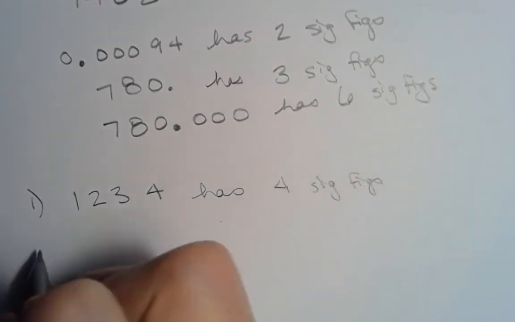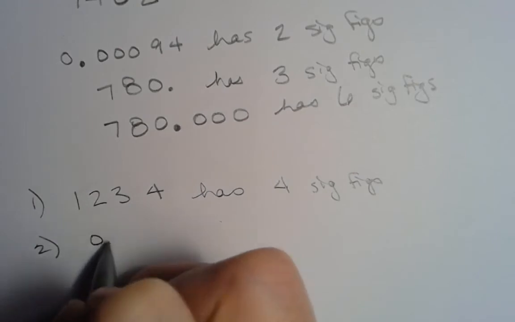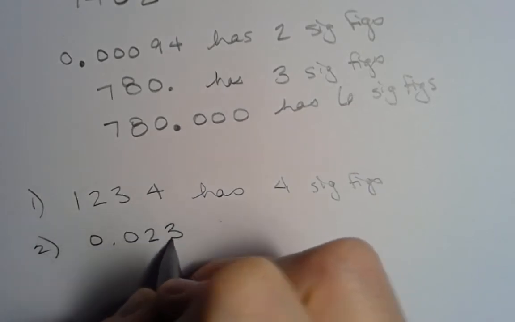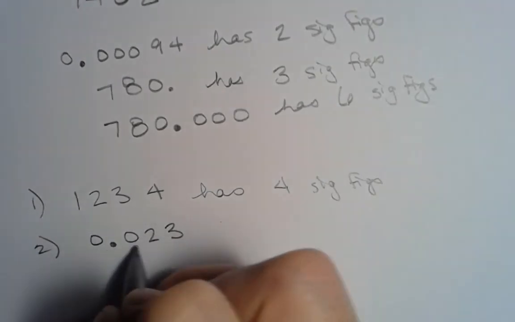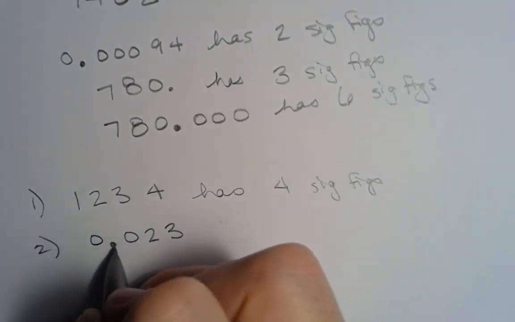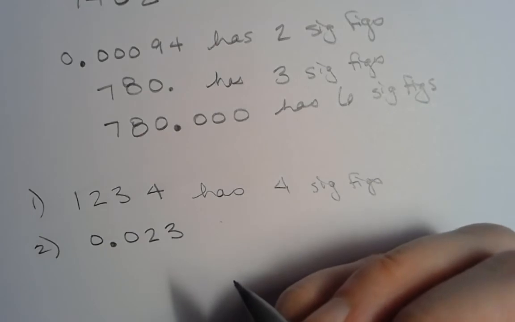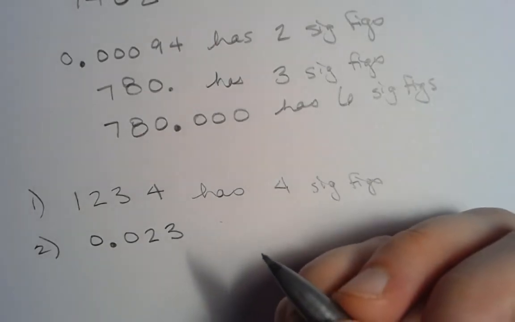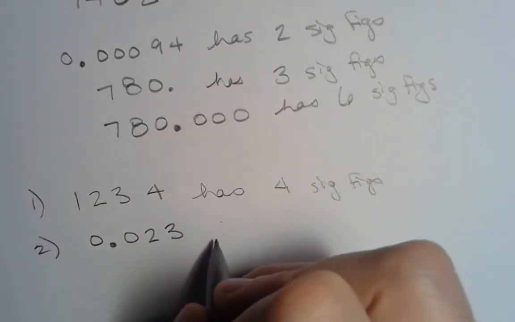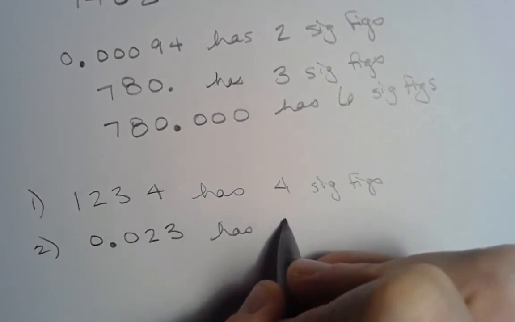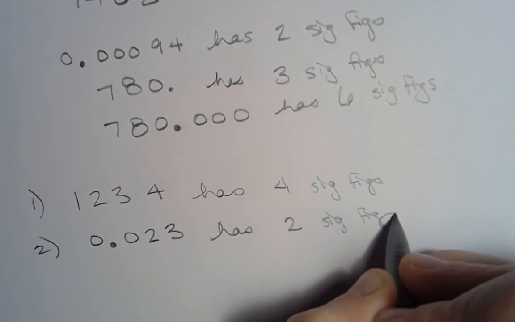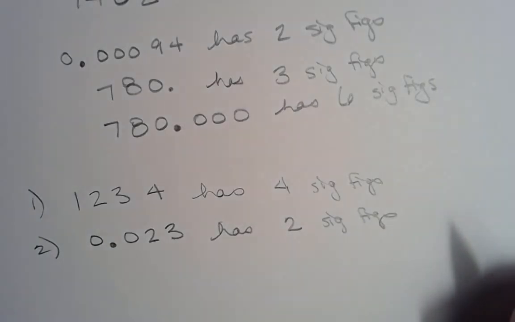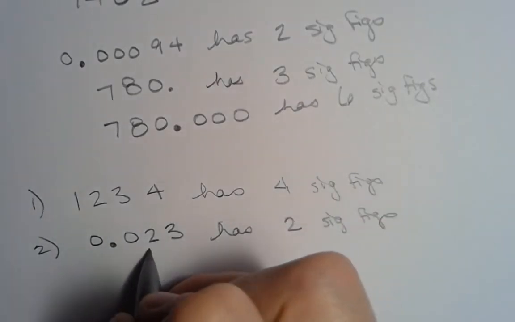Okay. Number 2 says, wow, I almost gave you that example above. These are leading zeros, beginning zeros. There's a decimal, but we don't care. They're beginning zeros. They're never significant. Beginning zeros are never significant. This only has 2 sig figs. I'll underline them.